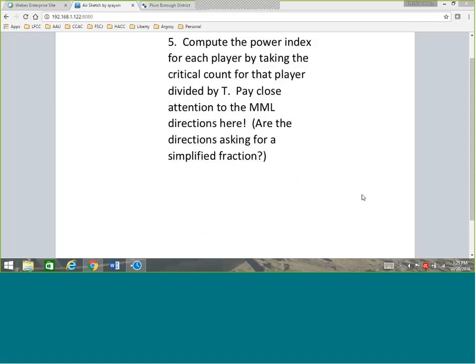If you go through all this trouble and get to step 5 and type in 3/6 when it wants a simplified fraction of 1/2, MyMathLab will mark it wrong even though you went through all these steps correctly. You might think you did the steps wrong, when all you had to do is write 1/2 instead of 3/6. So be careful to enter it how the directions state.